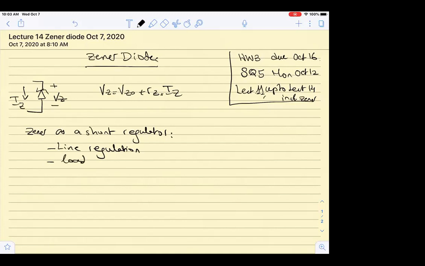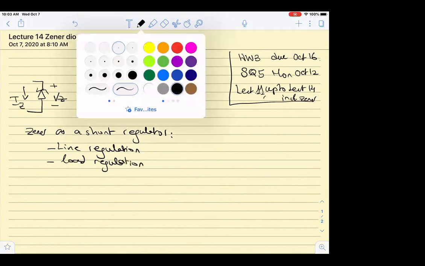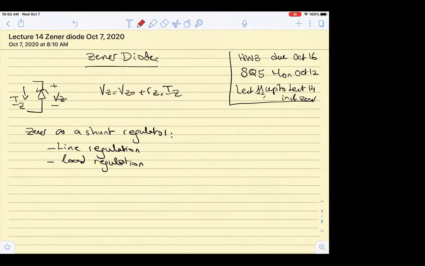Okay, so load regulation. Now by line we mean the signal that is coming. So if my supply or the source VS has a fluctuation, I will regulate the signal, minimizing delta VO. The objective is to minimize delta V output over delta VS, which is the source signal.